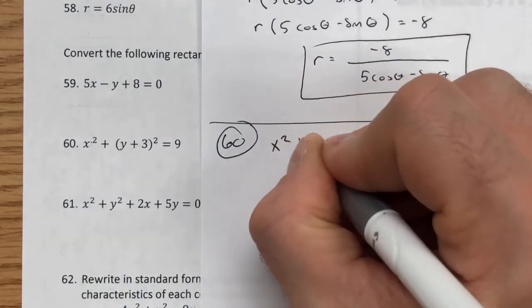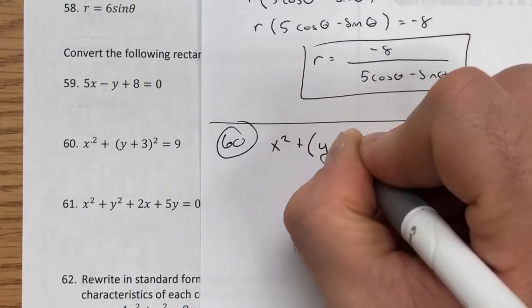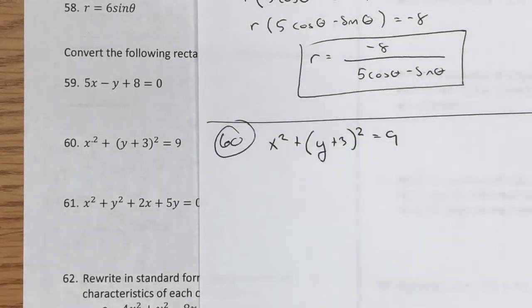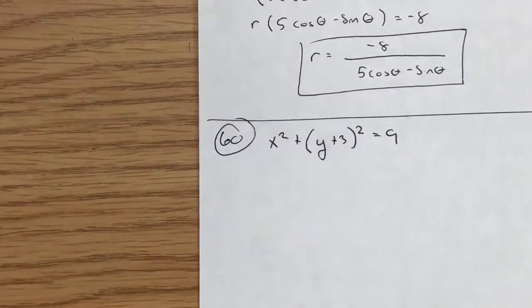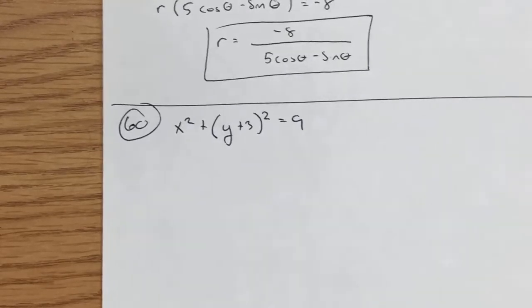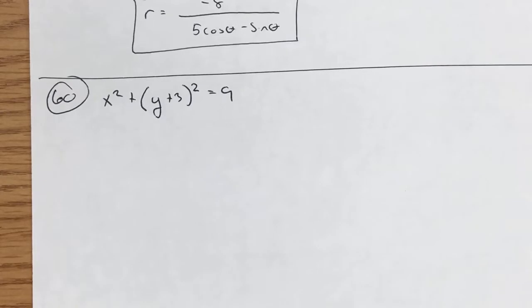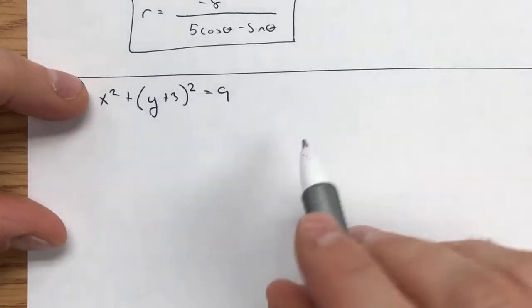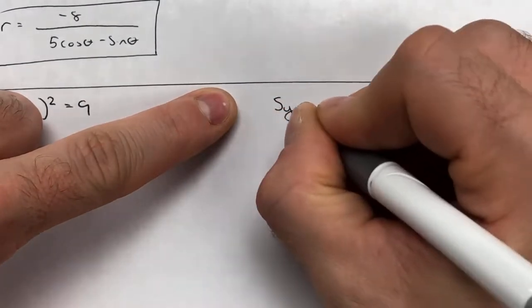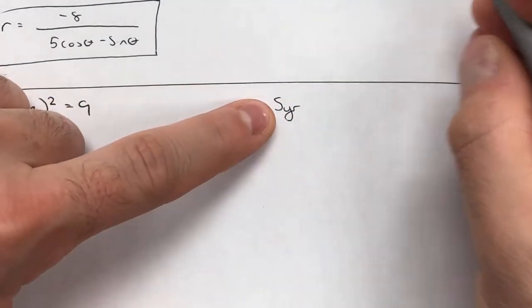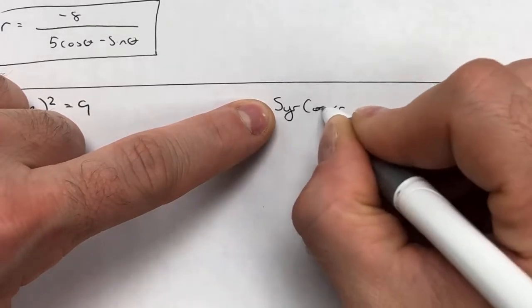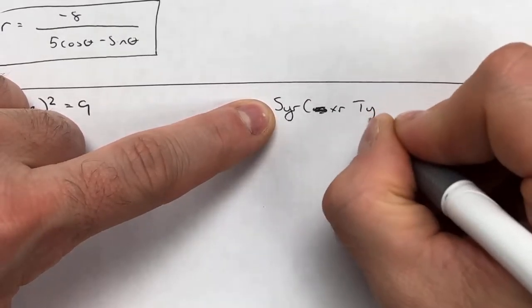60, x squared plus y plus 3 squared equals 9. So now this is really close to what we wanted to do. In fact, we have a couple different ways to solve this right here. So the first way means that we need to come over here and redenote this using the unit circle. Sine is y over r, cosine is x over r, and tangent is y over x.